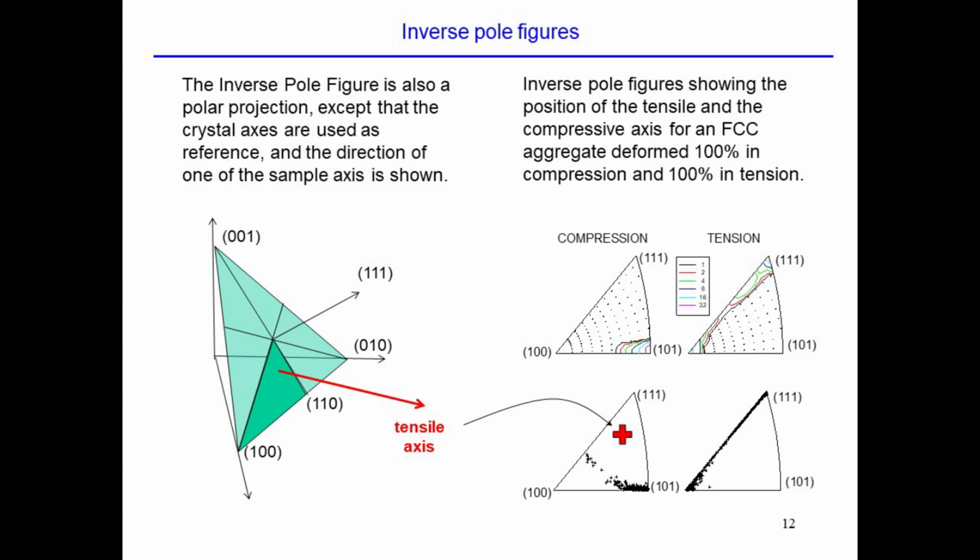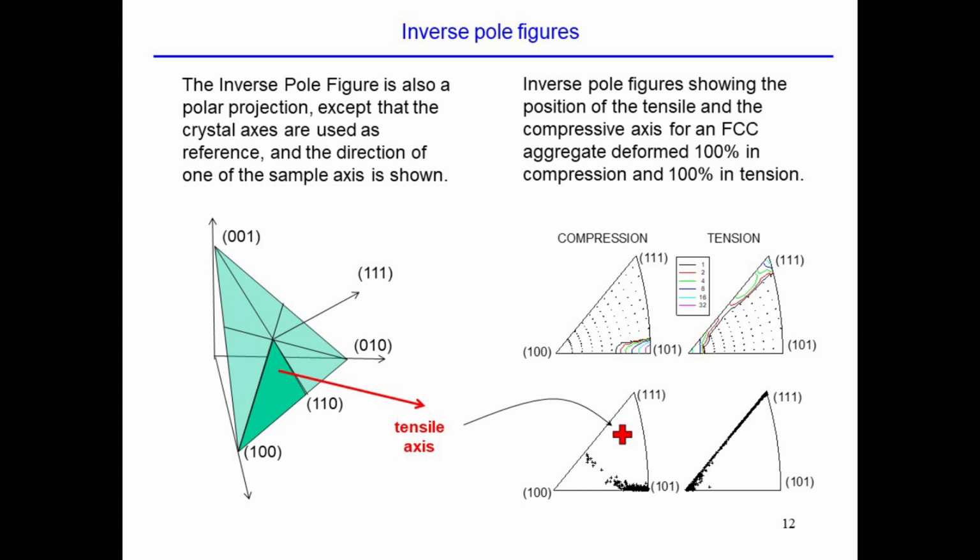Here you plot the position of the tensile axis between the 111, the 101 and the 100. For a material like copper that has been deformed in tension up to 100%, the tendency is for the tensile axis to appear here.